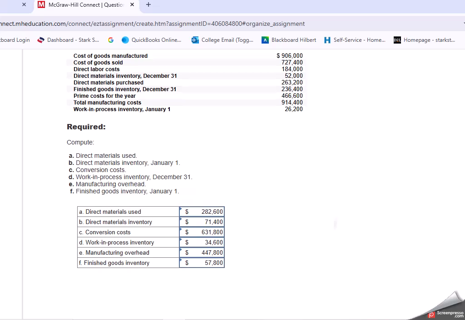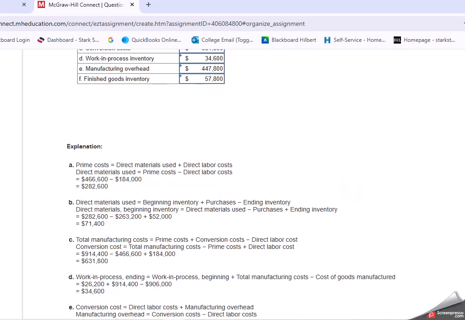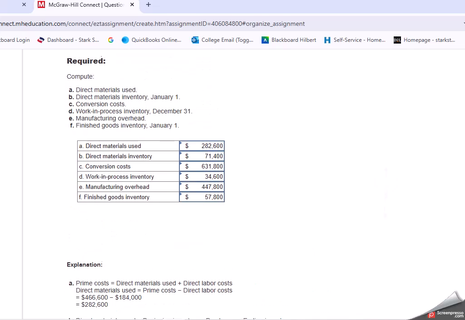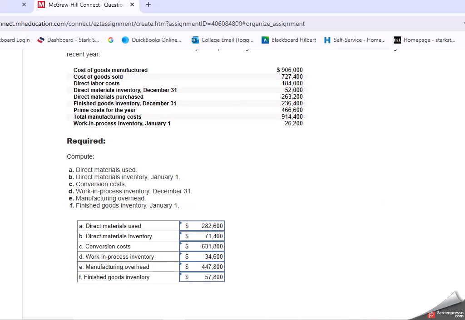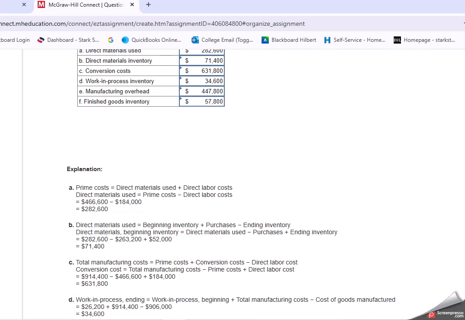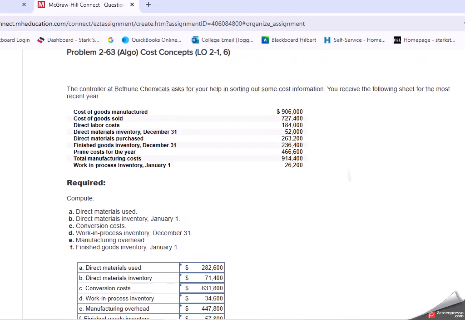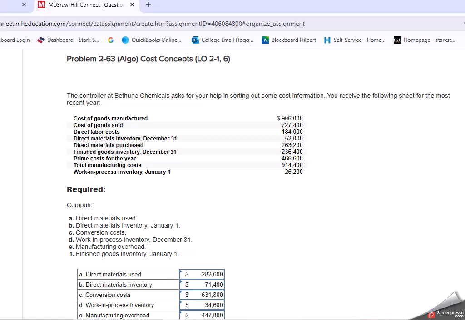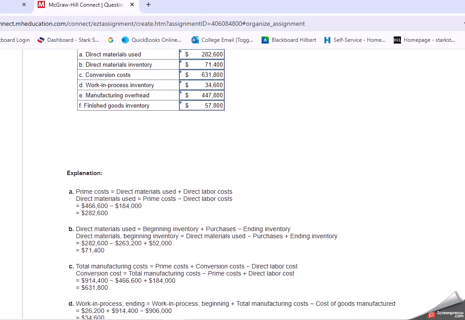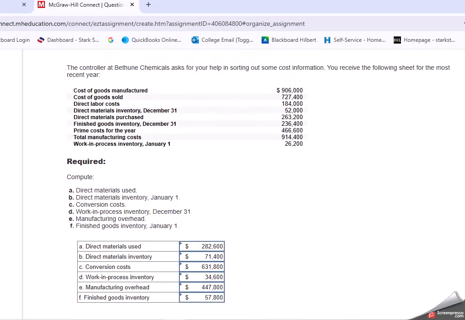We take our total manufacturing costs of 914,400, and subtract out the 466,600, those prime costs, and then we add back the 184,000 of direct labor costs.